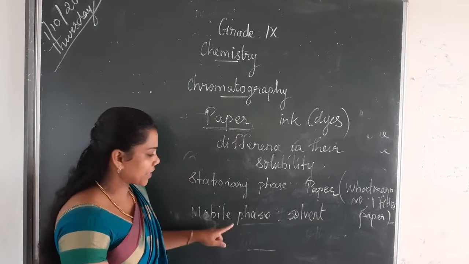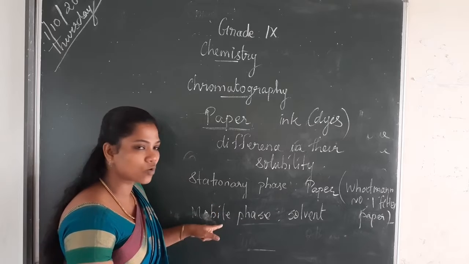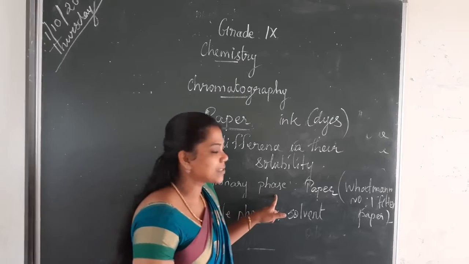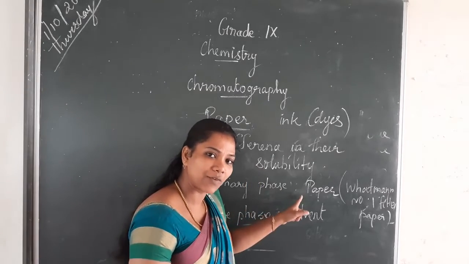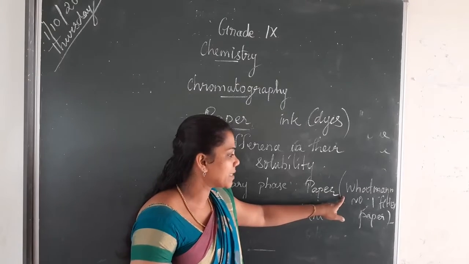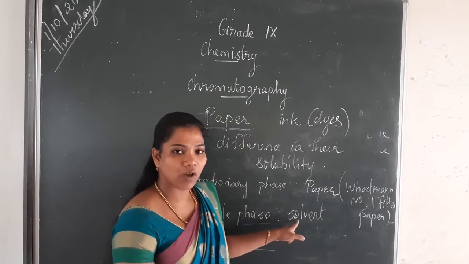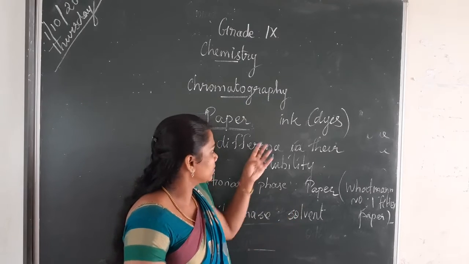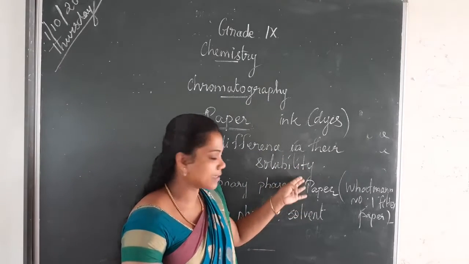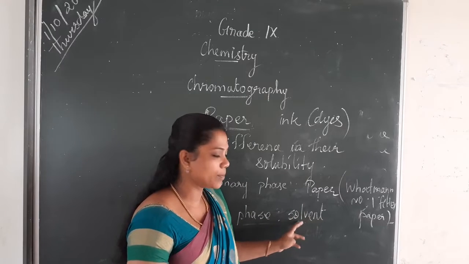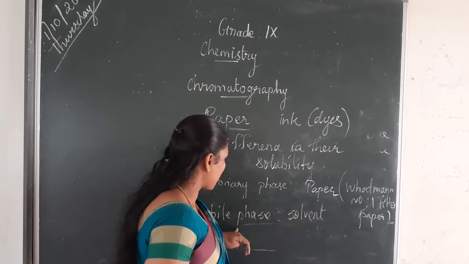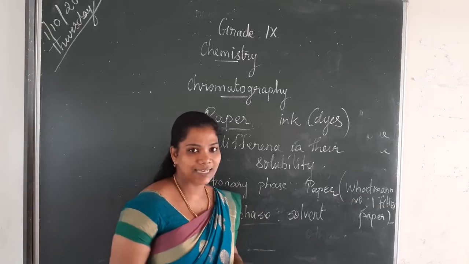So here two phases are there: one is the stationary phase, the next one is the mobile phase. The stationary phase is paper, Whatman number 1 filter paper. And the mobile phase is a suitable solvent which carries these solid substances and gets them separated. So the suitable solvent is considered the mobile phase, and the paper is considered the stationary phase.